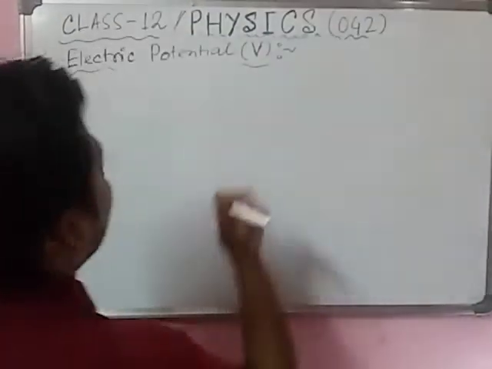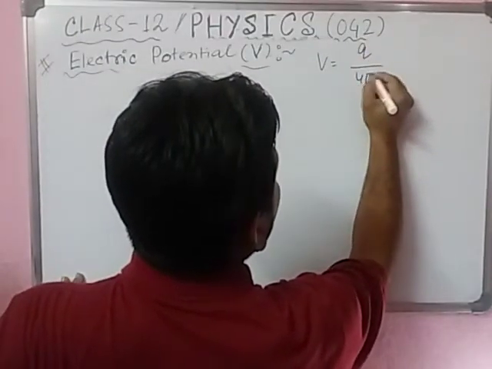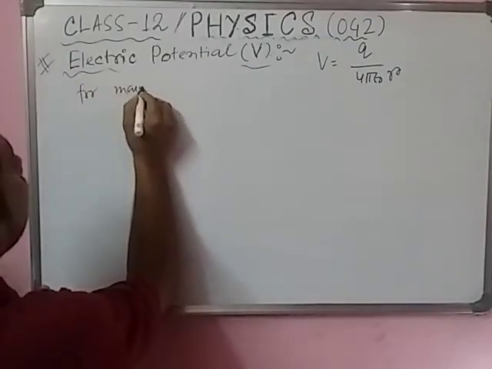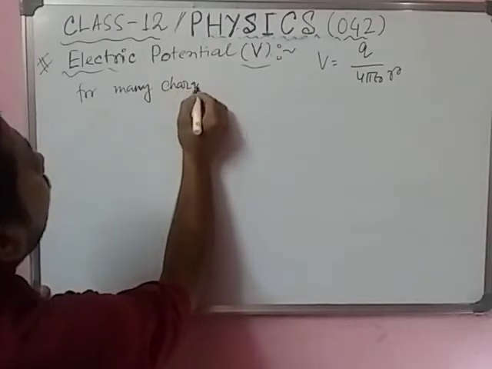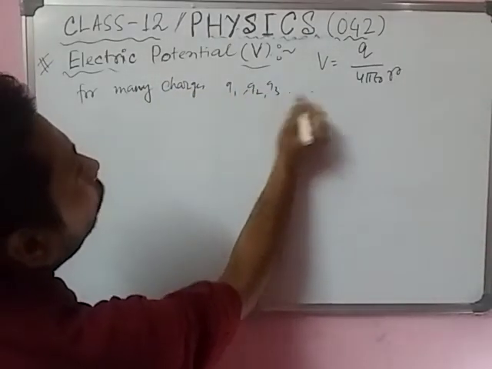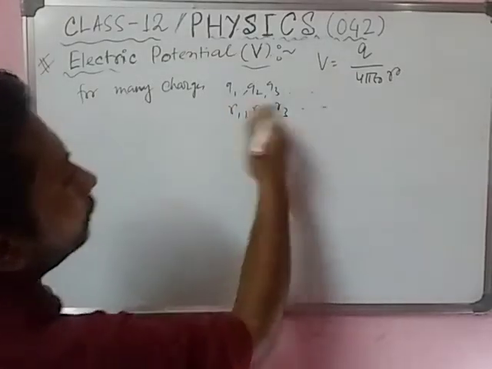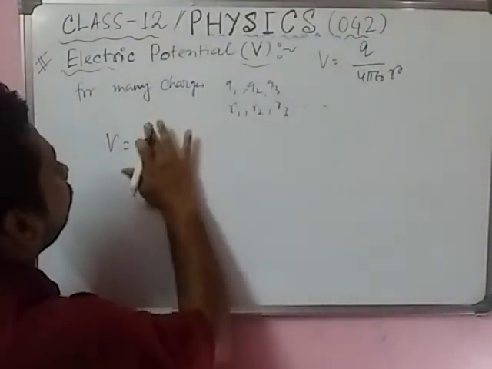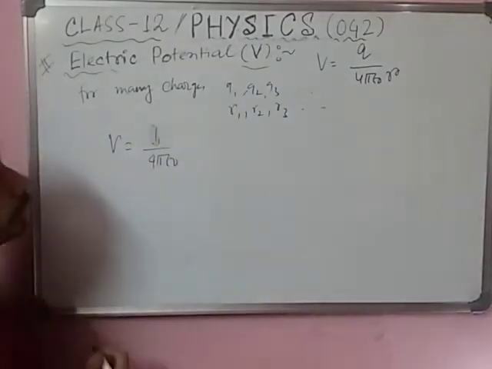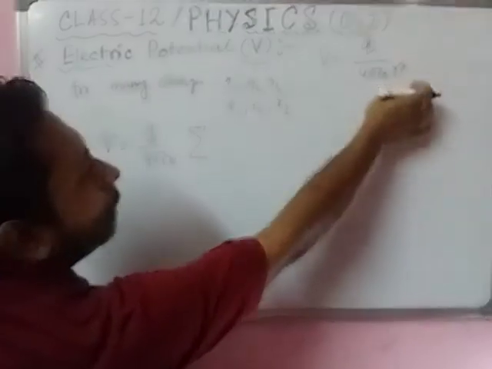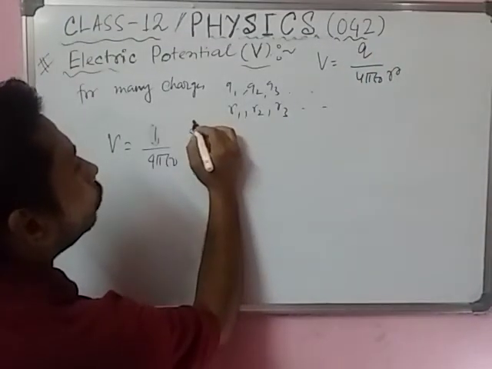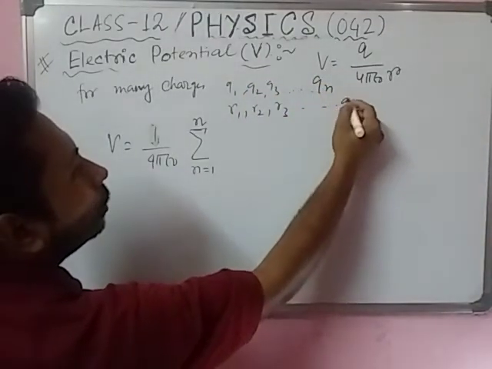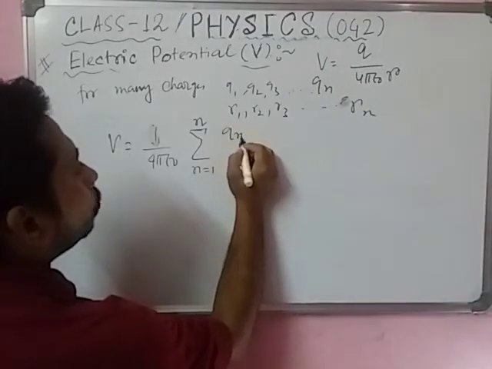For a single charge, you can write V equal to Q by 4 pi epsilon naught into R. If there are many charges, like suppose Q1, Q2, Q3 and so on, at distances R1, R2, R3 respectively, then you can write V equal to 1 by 4 pi epsilon naught, then put a summation of Q by R, from n equal to 1 to N. Suppose for N charges Q1, Q2 up to Qn, at distances R1, R2, R3 up to Rn respectively, you can write Qn by Rn.